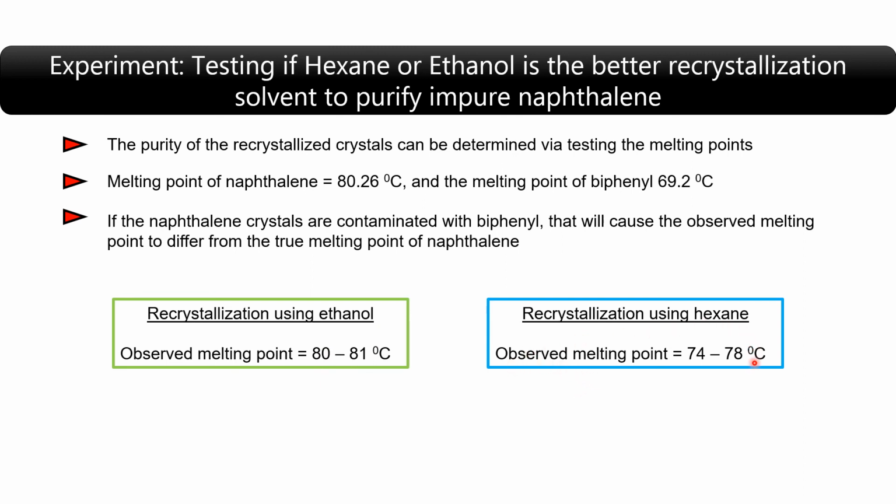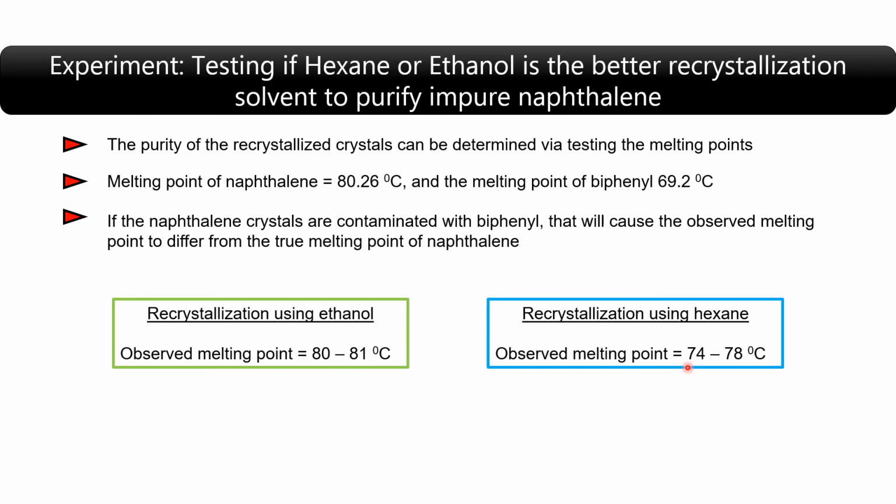Now let's look at the observed melting point for the crystals obtained by using hexane as the recrystallization solvent. You can see the melting point range is much lower than the theoretical melting point of pure naphthalene. So that indicates that the crystals obtained using hexane as the recrystallization solvent are not very pure. They have some amount of biphenyl still mixed with them.